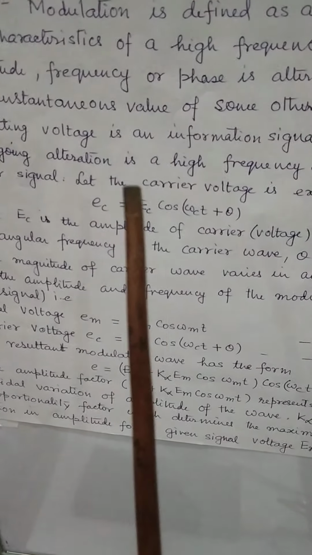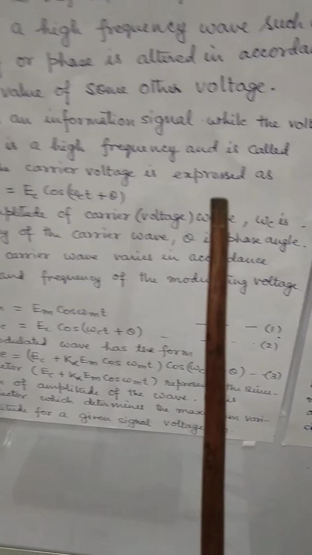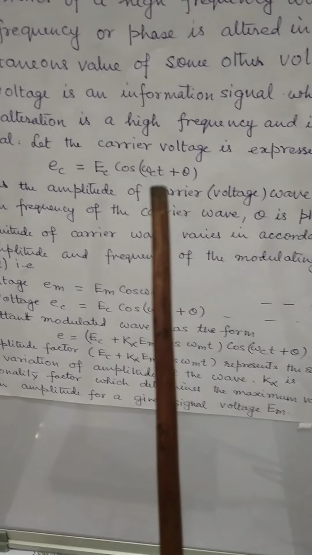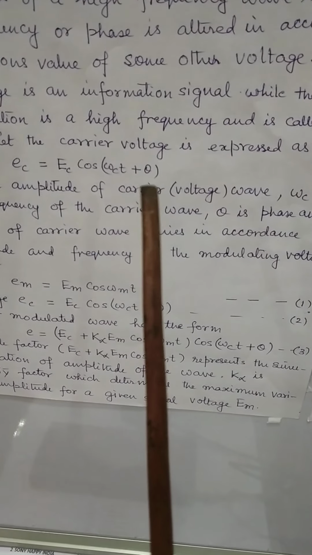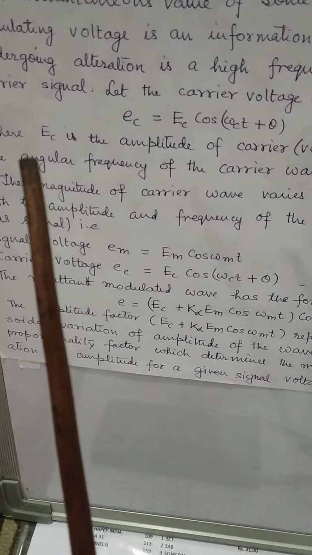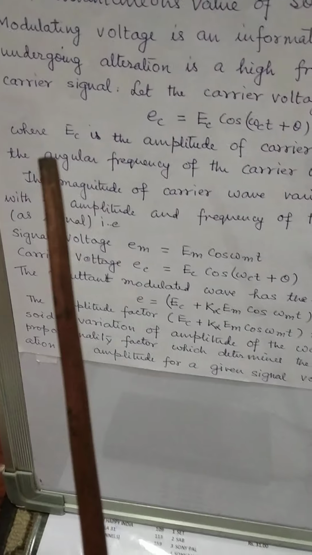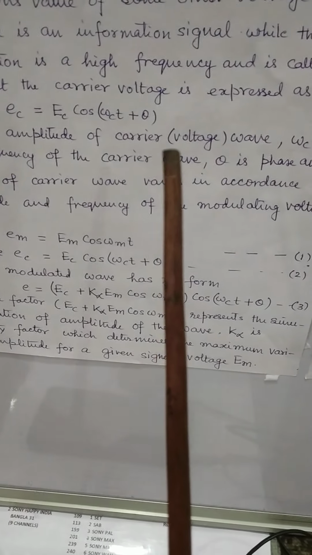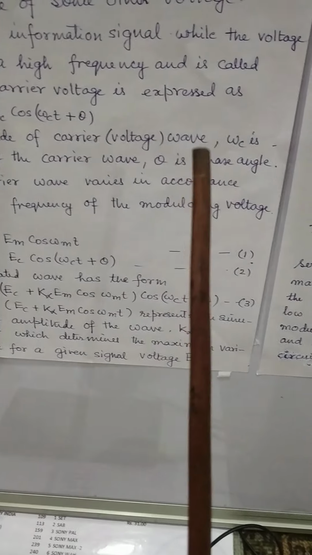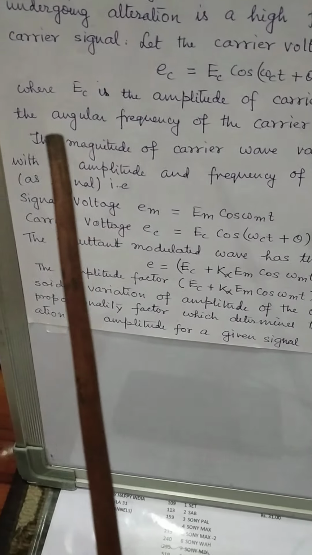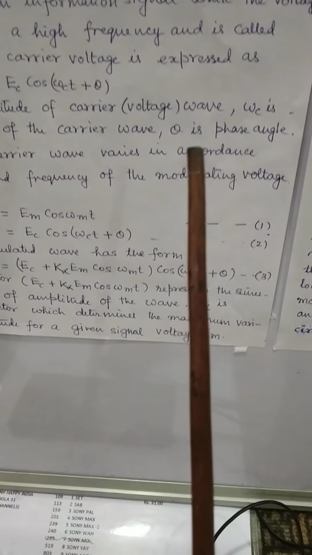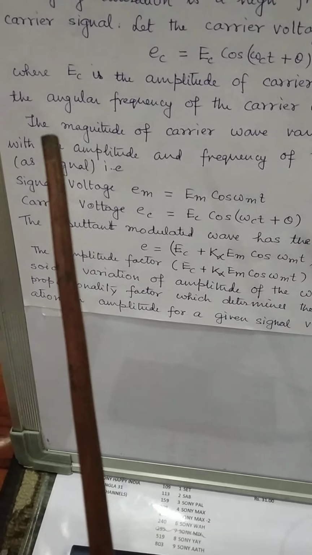Let the carrier voltage be expressed as e_c = E_c cos(ω_c t + θ), where E_c is the amplitude of the carrier voltage wave, ω_c is the angular frequency of the carrier wave, and θ is the phase angle.